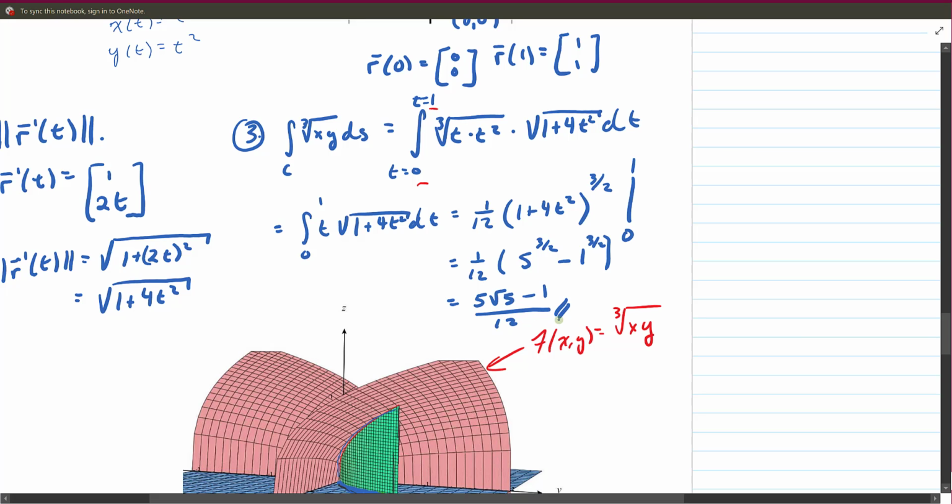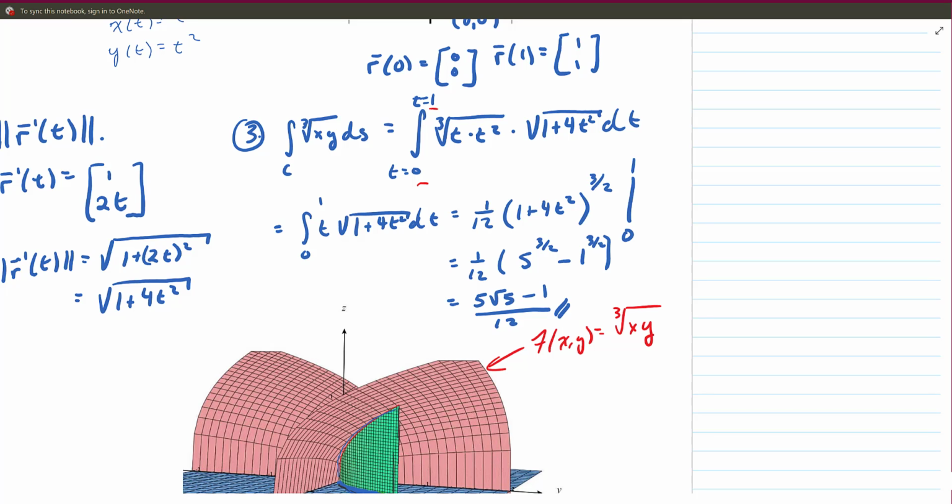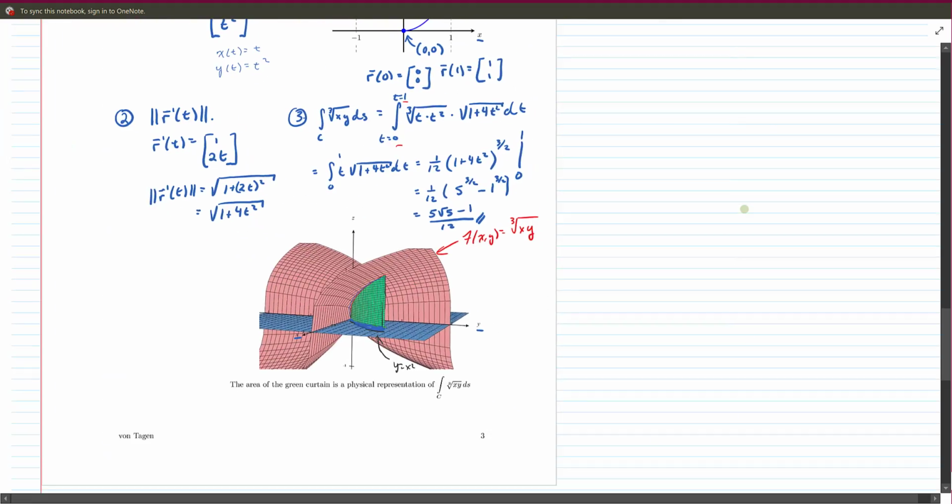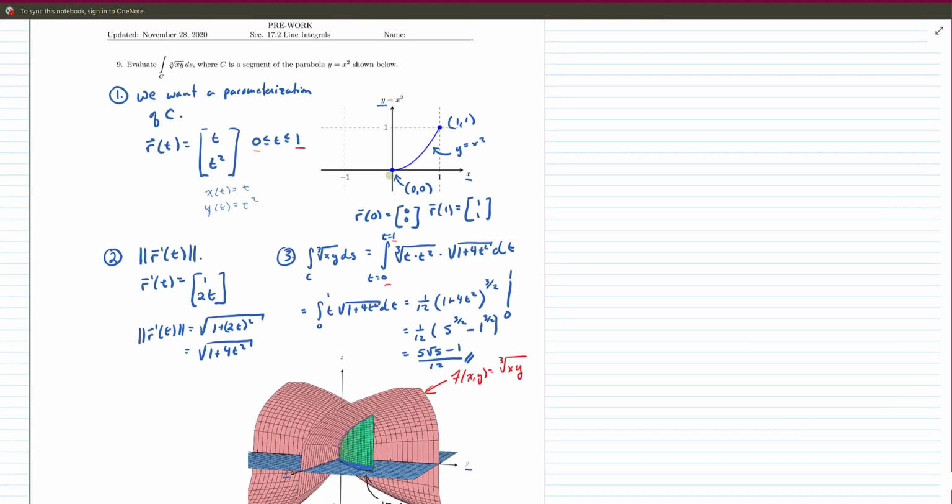So folks, don't lose sight in the computation of the integral of what we just did here. We had our original function that we wanted to integrate over this particular curve.